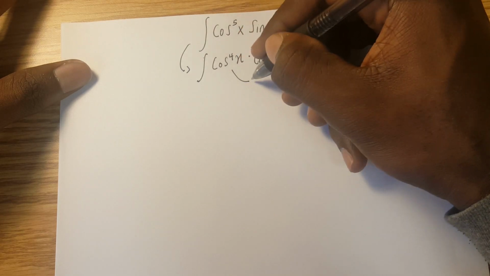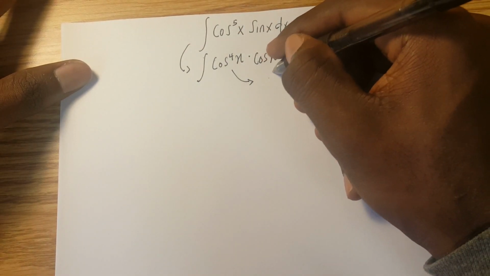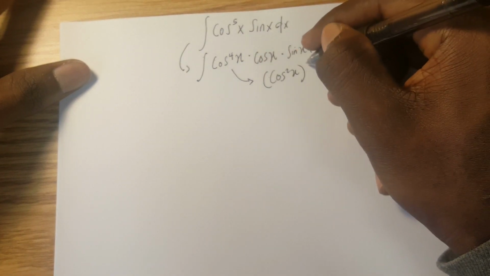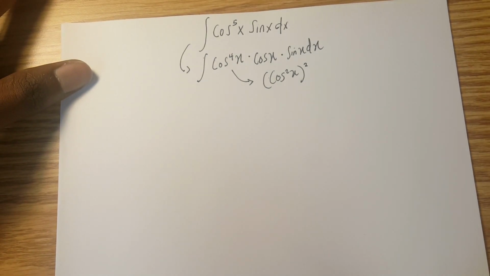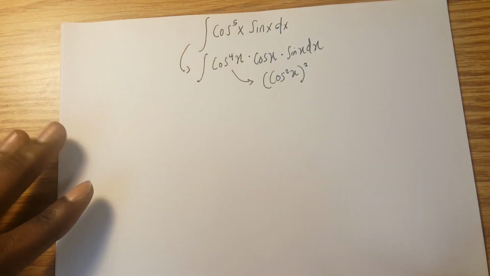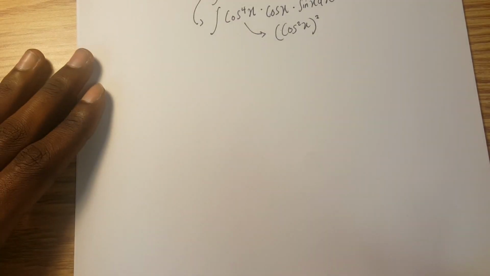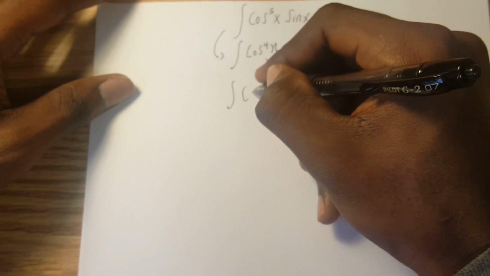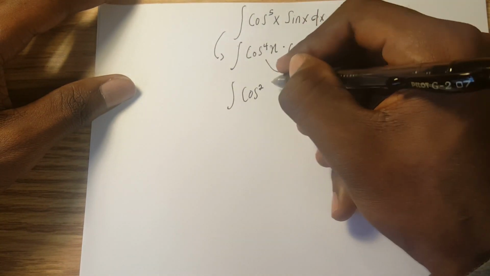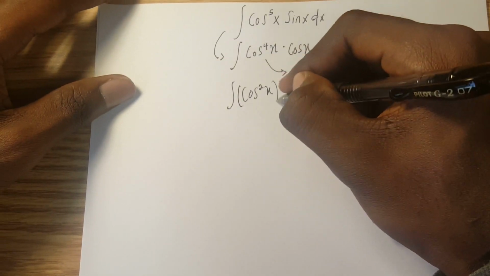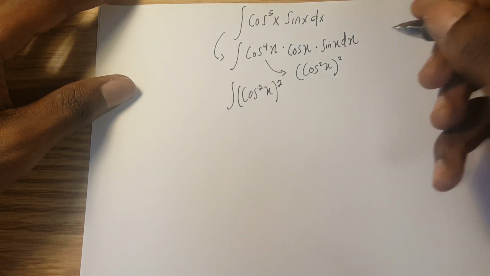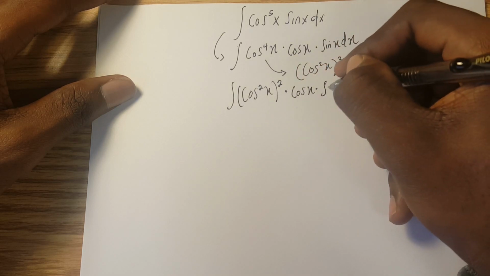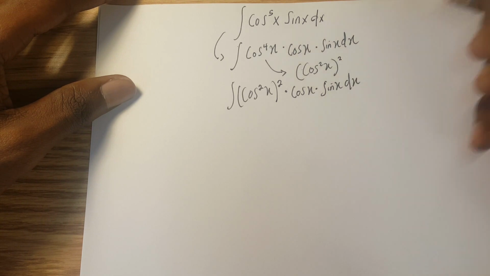We know this cosine to the fourth can be rewritten as cosine squared x all squared. So let's go ahead and write that. We're gonna have cosine squared x all squared multiplied by cosine x multiplied by sine of x dx.